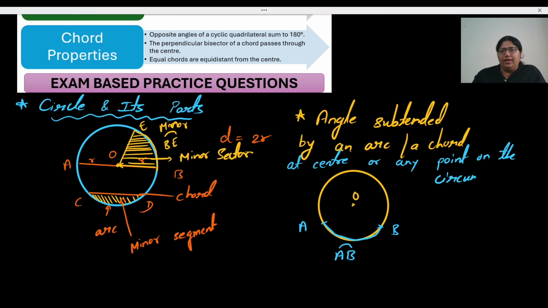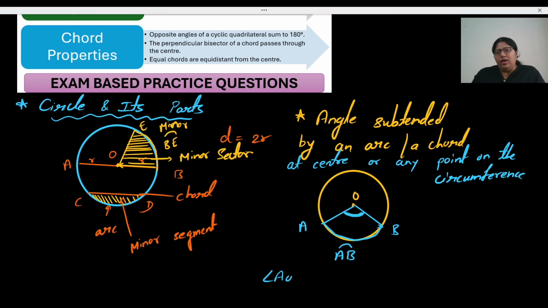Now you take the end points of the arc and join them through the center. OA and OB, where A and B are the end points of the arc. If you join them, this is called the angle subtended by arc AB at the center.